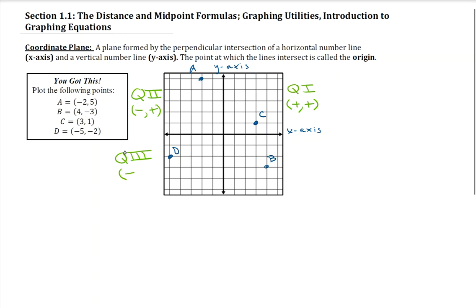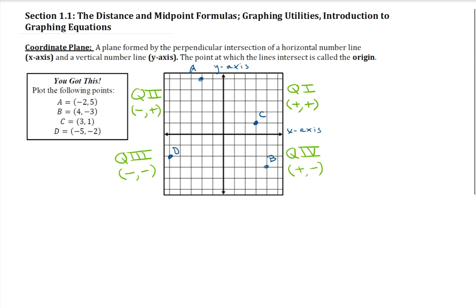And if you're a point in Quadrant 3, both your x and y coordinates are going to be negative. Last but not least, Quadrant 4, which is underneath Quadrant 1 and also directly to the right of Quadrant 3, is right here. So Q Roman numeral 4. And if you're a point in Quadrant 4, your x-coordinate's going to be positive and your y-coordinate's going to be negative.